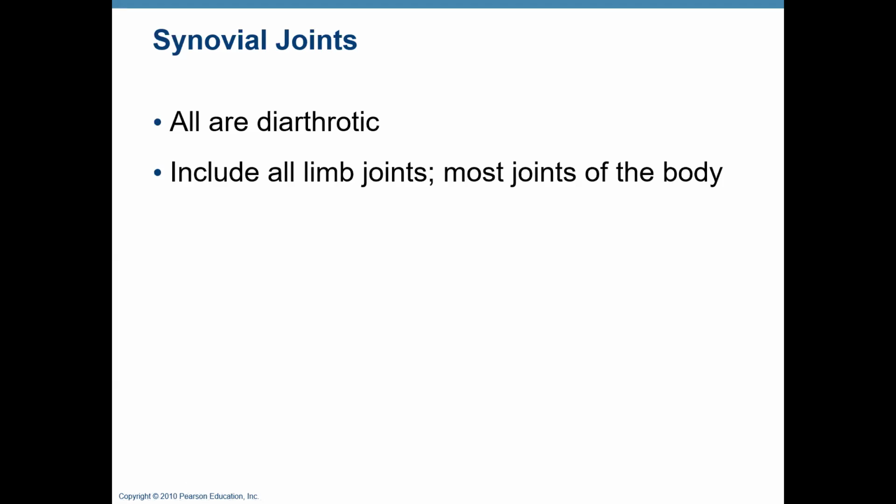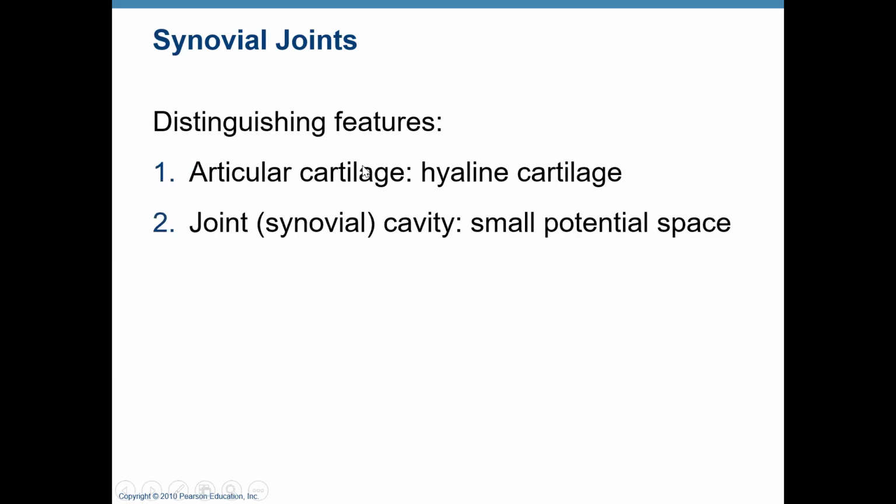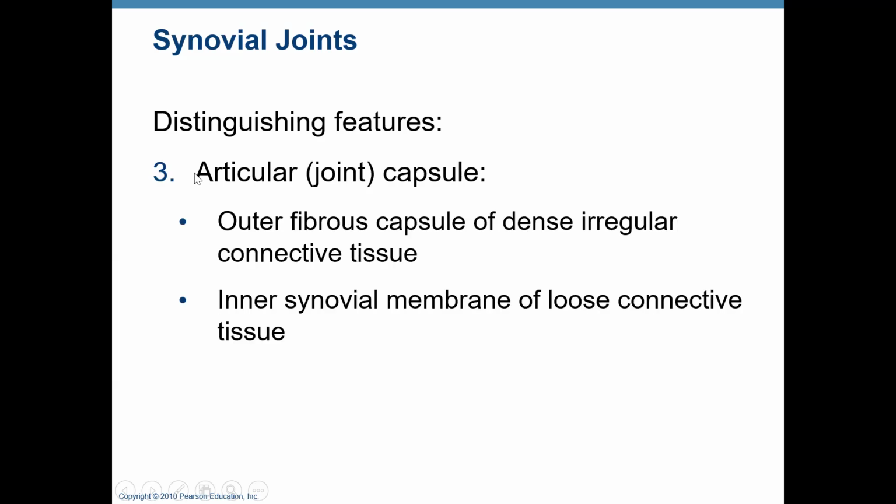That is also a type of cartilaginous joint. Now, the synovial joints are all freely movable. That's what they mean by diarthrotic, freely movable. You're going to see a joint capsule, and at the end of the bone there's going to be hyaline cartilage, and because it meets another bone, they refer to it as articular cartilage. And the joint cavity we just call the synovial cavity.